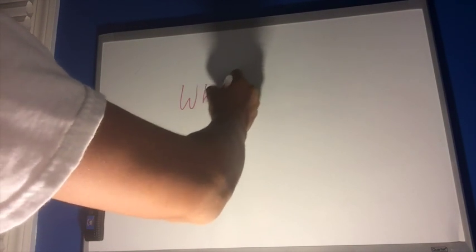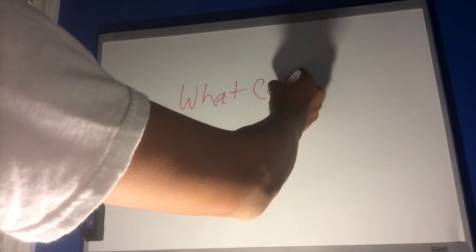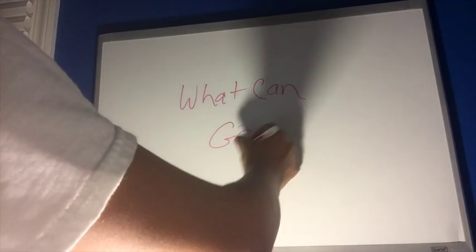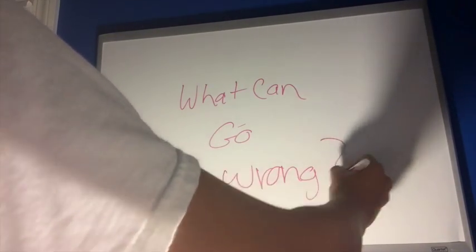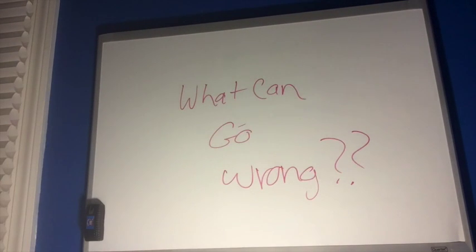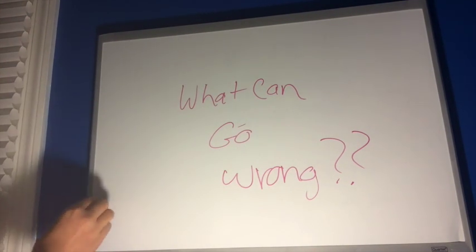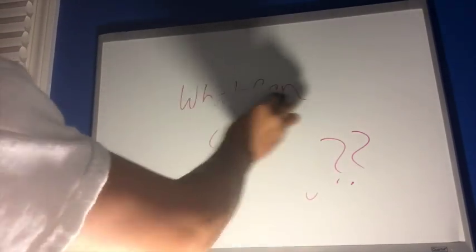Okay, good. So, the question is, what can go wrong in the cell cycle? Well, actually, many things can go wrong during the cell cycle.